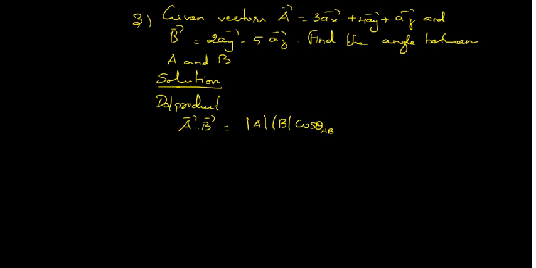Now A dot B. A vector dot B vector is equal to, so taking the dot product of this. First multiply this 3 with this 2.